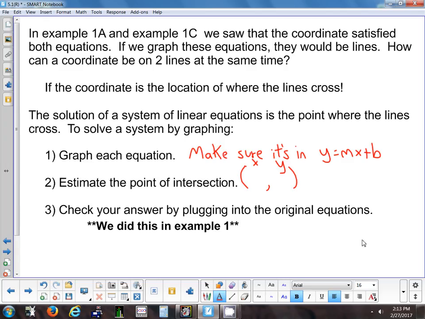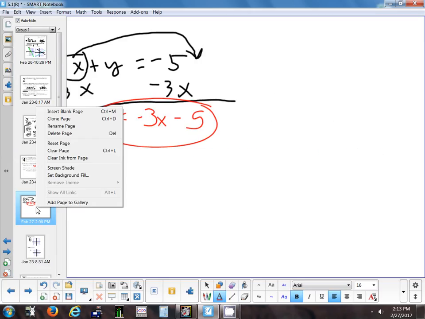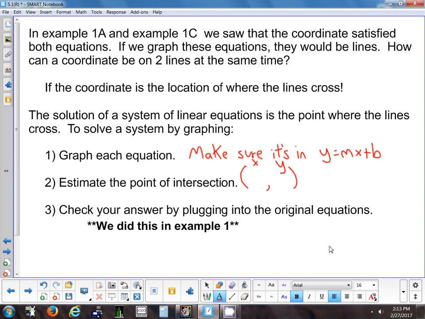We'll graph it, make sure it's in y equals mx plus b, estimate where it crosses and find that coordinate, and then we'll check it like we just did. What we're doing now is finding by graphing the number that we gave you in the first example. All right? Is everybody good with this?